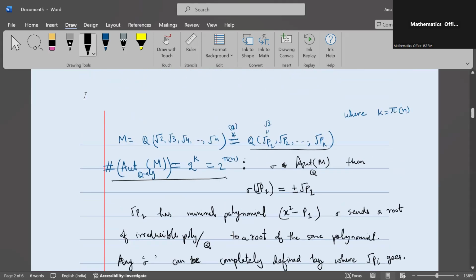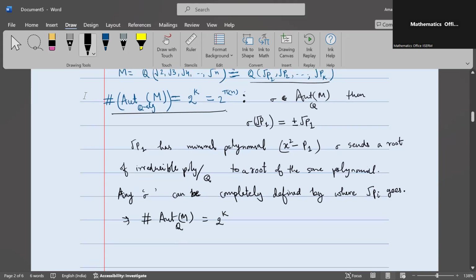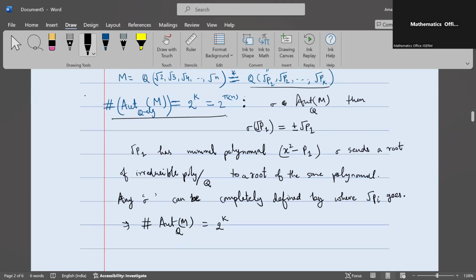And now, anything else left? What is the degree of M over Q?